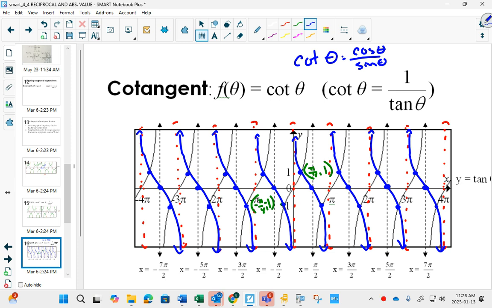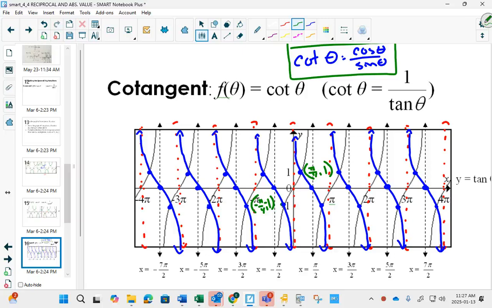So your cotangent graph looks almost identical to a tangent graph, just going the other way. And it has x-intercepts where your tangent graph had asymptotes. Because officially, this is how we graph. That is the official cotangent graph.